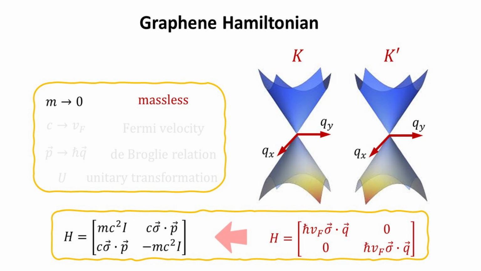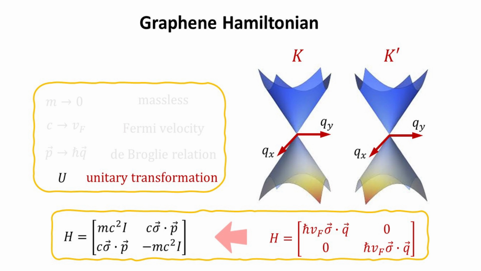First, in graphene, electrons are massless, thus m equals 0. Second, we must replace the speed of light with the Fermi velocity of electrons in graphene. Third, it is customary to describe electron momentum in terms of its wave vector, and this mapping from p to q can be done with the de Broglie relation.